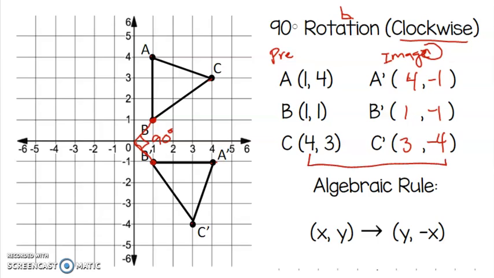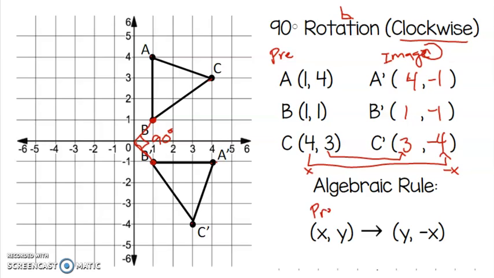So the x values swapped places with the y values, and the y values swapped places with the x's, right? So we have the big switch up happening, and the x value, it was 4, now it's -4. It was 1, now it's -1. And that's what this is telling us.